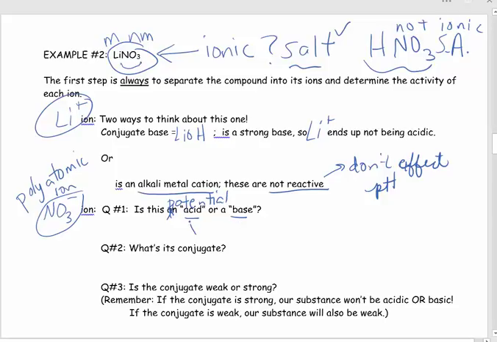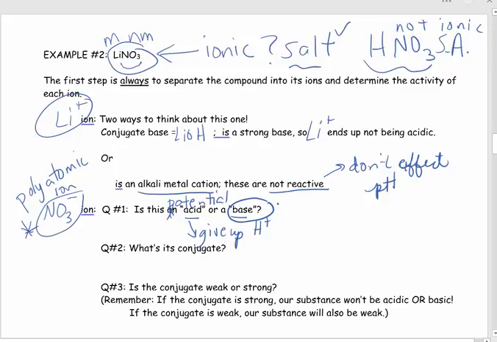Remember that acids give up H+, right? Does NO3 minus have an H+? No, there's no H in the formula, so it cannot be a Bronsted acid, but it could be a base, right? So it's a potential base.